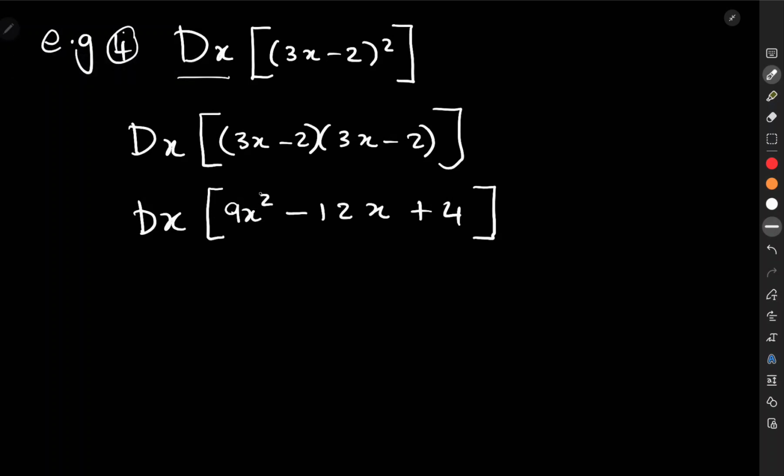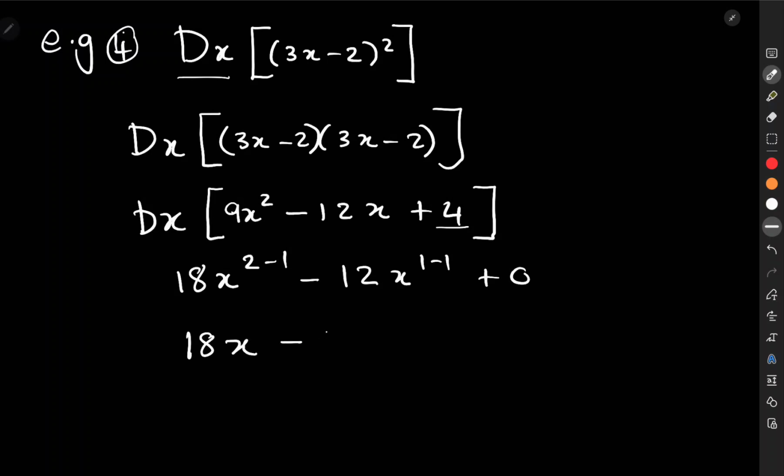So when I derive this, I have 2 multiplied by 9, which gives me 18x to the power of 2 minus 1, minus 12x to the power of 1 minus 1, plus 0, since I am deriving a constant and we know that it equals 0 all the time. So my final answer, if I clean this up, is 18x minus 12. This is my final answer here, and that is how I derive that value.